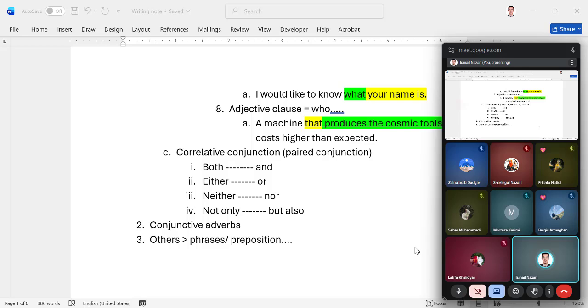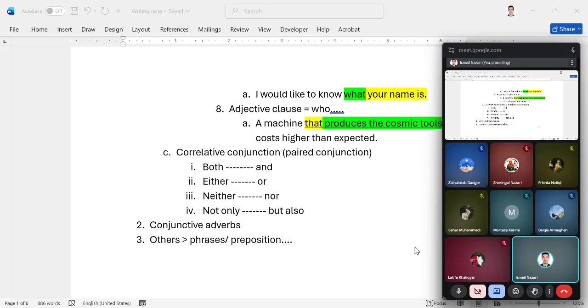So, based on our schedule, we're supposed to go on with the writing section. Some of the transition signals that we have covered, and some of them remained from the last session, we have discussed on coherence.